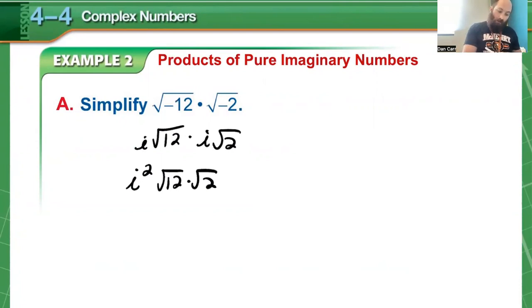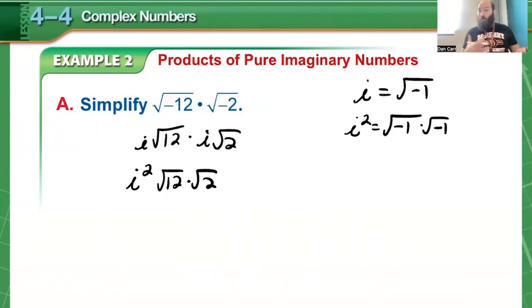Well, real quick, if i is equal to the square root of -1, i squared is equal to the square root of -1 times the square root of -1. So if we remember from before, if you take the square root of a number times the square root of itself, then the answer is just that number. So i squared is actually the same as -1. If you were to do i to the third power, that would be the square root of -1 times the square root of -1 times the square root of -1.